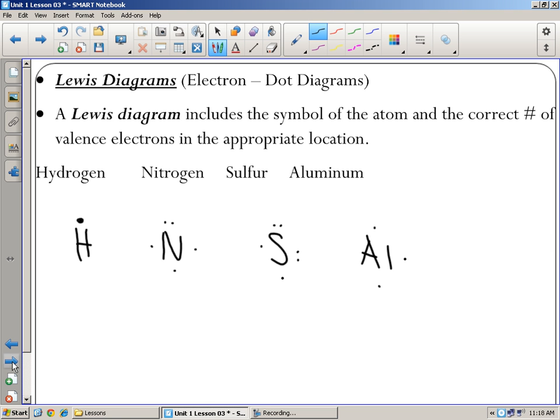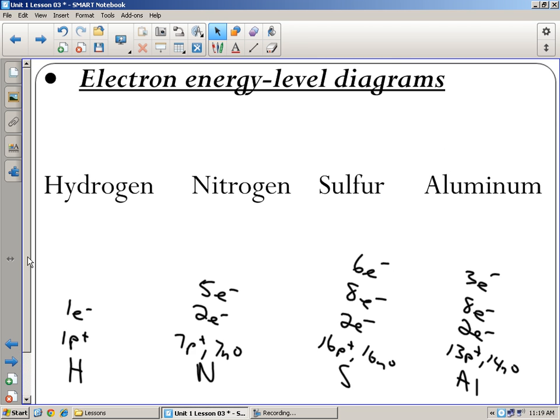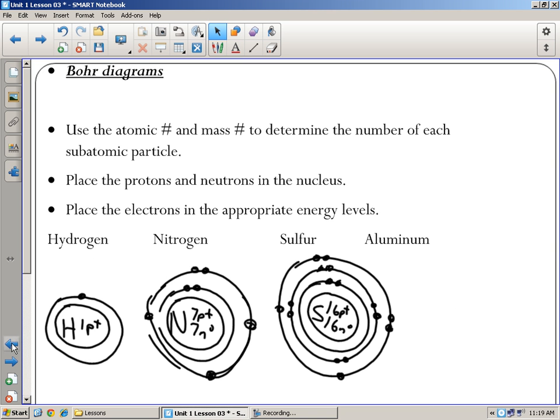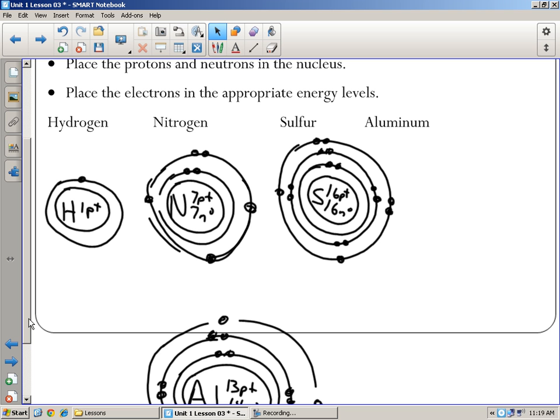Questions, anyone? How are you going to remember these? Well, Lewis diagrams, electron dot diagrams, you're going to have the symbol and the dots. Energy levels, right? Electron energy level looks like levels, basically. Stairs, kind of like, right? Levels. And my favorite, Bohr diagrams have rings around them, which makes them Bohr ring.